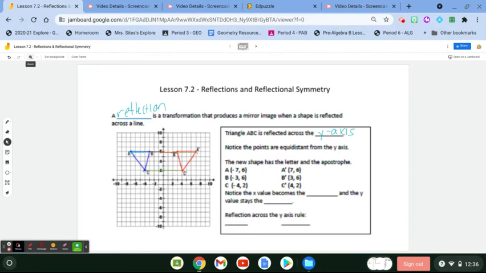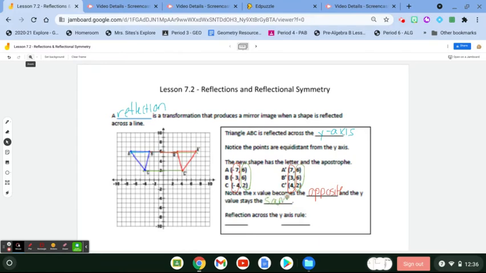If you look at the ordered pairs, I have these all ready for you guys. One thing that you want to notice when you have a reflection across the y-axis is that all of the x values of the pre-image became opposite values on our image. All of the y values, though, stayed the same.